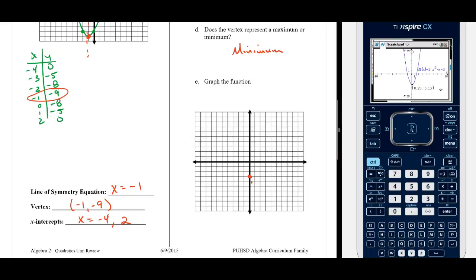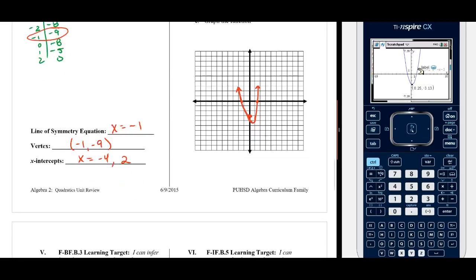So, just sketching it, looks like my x-intercepts are at just past -1 and about positive 1.5. So somewhere around here and there. And it's a super ugly graph, but we're just sketching it, so we're fine.